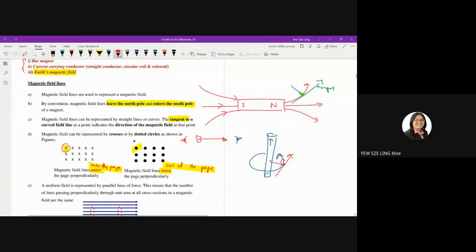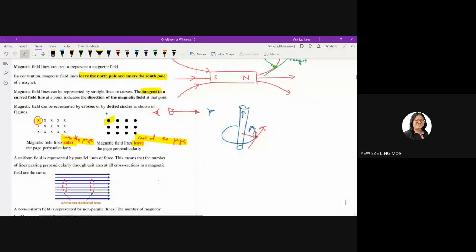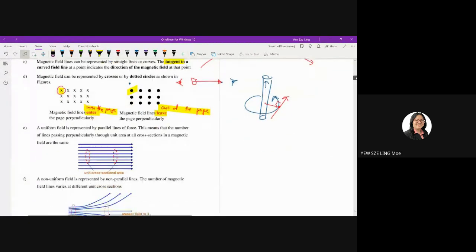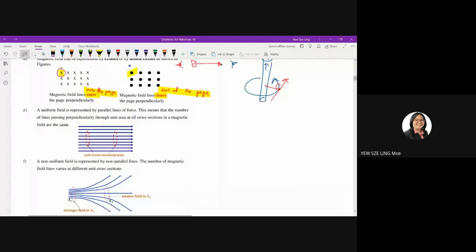All right, so let's see what is next. So next we have the line, a uniform field line. Just now we looked at what happens if it's into or out of the page. But now if you're observing it from the side, a uniform field line is represented by parallel lines of force.